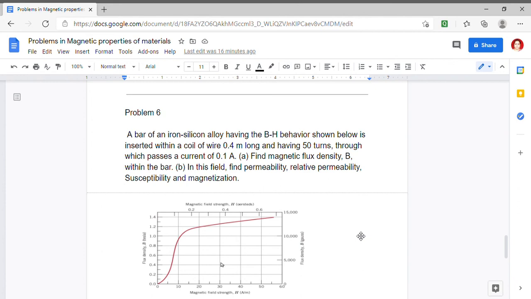Here we have to find out the flux density, permeability, relative permeability, and the other data also, that is susceptibility and magnetization. These are to be determined using the BH behavior curve, which is shown in this figure.